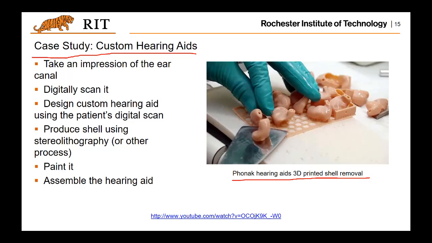But overall, you can see how useful stereolithography is for those customization applications. Also for Carbon, you remember the CLIP process, the continuous liquid interface production process. The application they demonstrate right now is they work with Adidas to produce the midsole of running shoes.